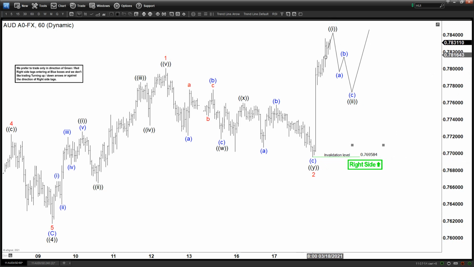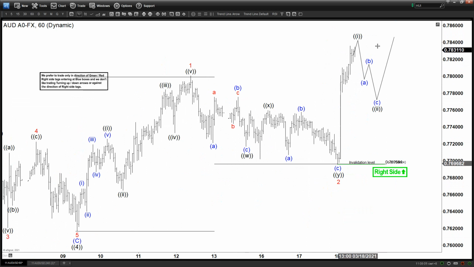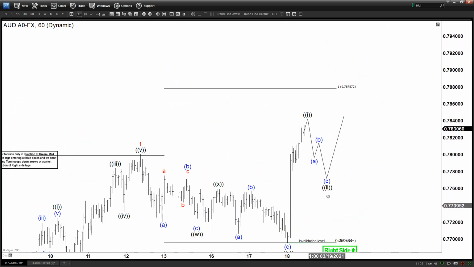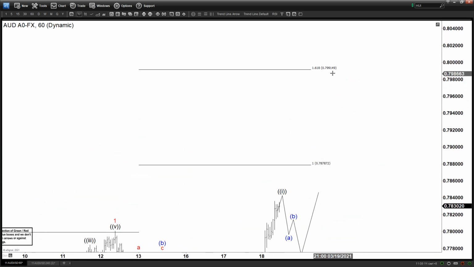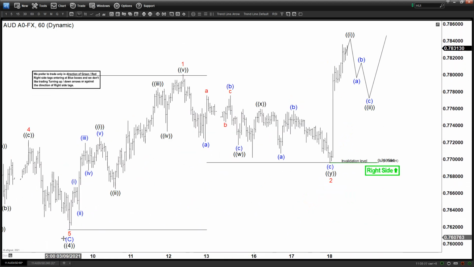In terms of the target to the upside, the minimum is going to be 100%, which is 0.7878, 100% of this 1-2 to the upside. But if this is a wave 3, technically it can extend to the 1.618, which is 0.8. So it depends on how strong that wave 3 is.